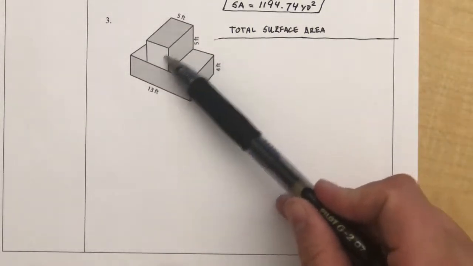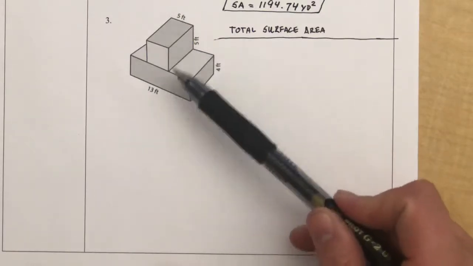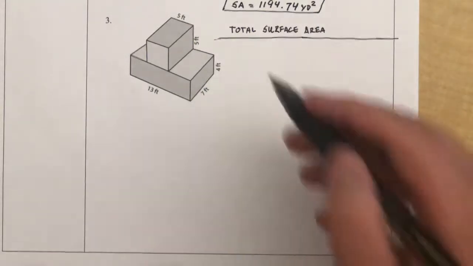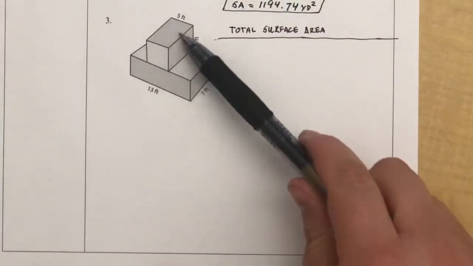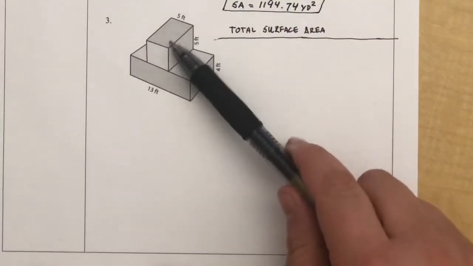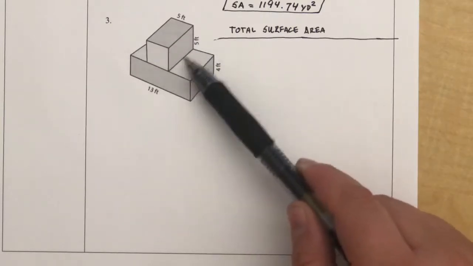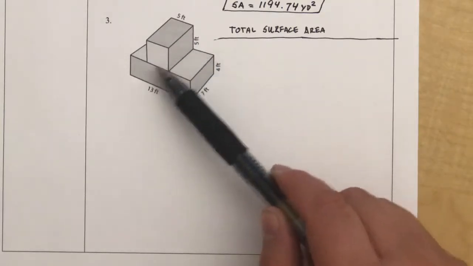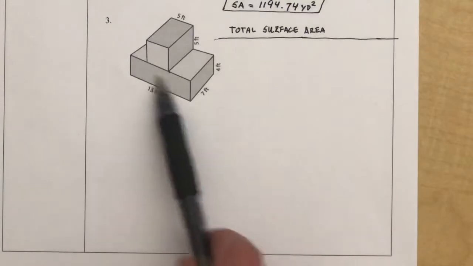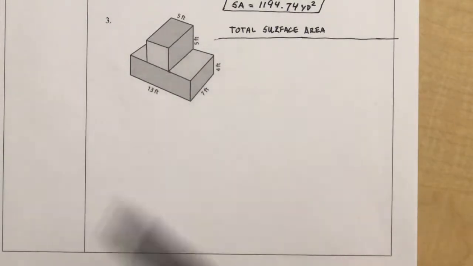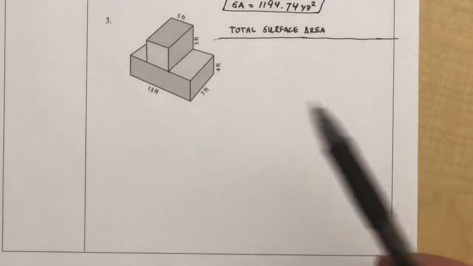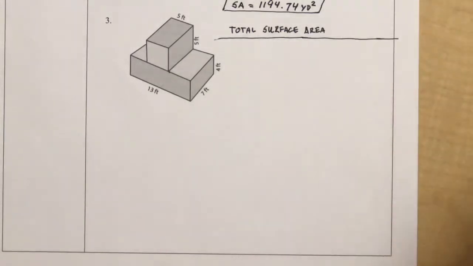The overlap is going to be here between these two shapes, and we have to understand that there is a bottom piece for this prism that does not get counted because it's covered. There's also a sliver on the top of this bigger piece that gets covered by this, so it also doesn't get counted. So we're subtracting two overlaps in this case.